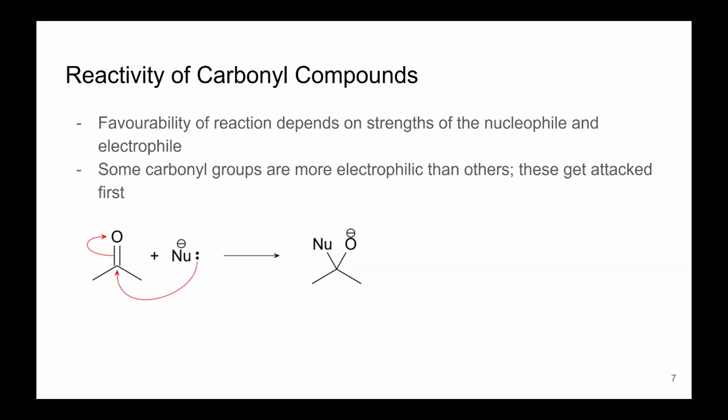If the electrophilicity of some of these carbonyl groups is really low, then it's possible that the nucleophiles don't attack those to a large extent, even if you have unlimited nucleophiles lying around.